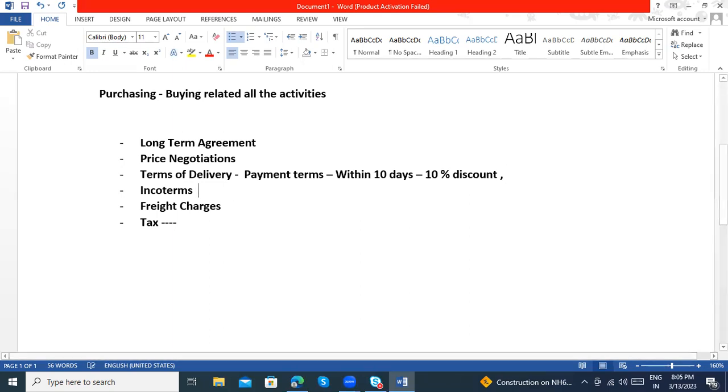And what do you remember about Incoterms? If suppose the vendor is from abroad, an import vendor, what will happen?